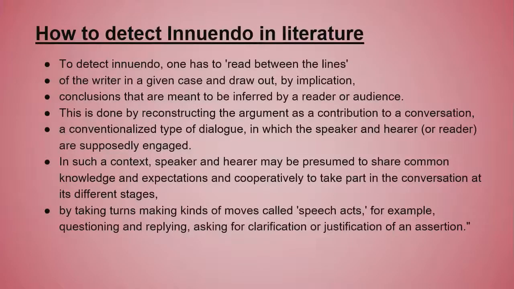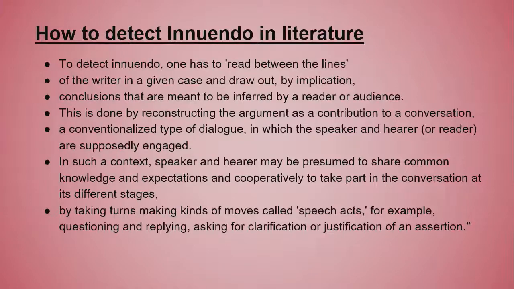How to detect innuendo in literature. To detect innuendo, one has to read between the lines of the writer in a given case and draw out implication, conclusions that are meant to be inferred by a reader or an audience. This is done by reconstructing the argument as a conversationalized type of dialogue in which the speaker and hearer or the reader are supposedly engaged.